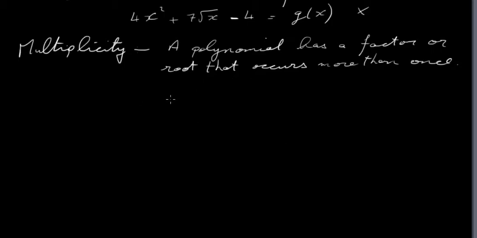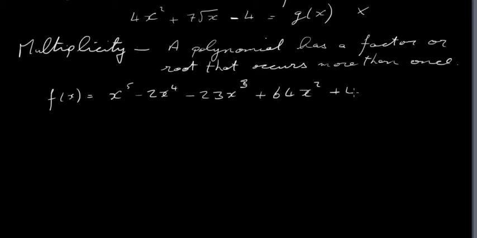So if you take a particular polynomial, for example, f of x is equal to x to the power of 5 minus 2x to the power of 4 minus 23x to the power of 3 plus 64x squared plus 4x minus 80.